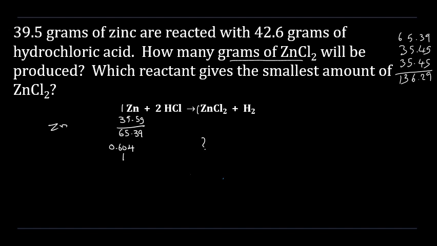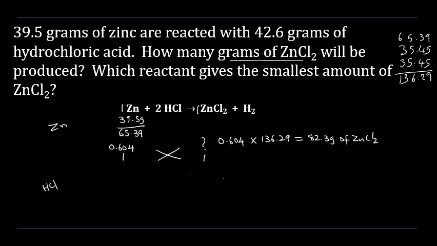Then cross multiply. I will get 0.604 moles of ZnCl2. Multiply with the molar mass to convert that into grams, and that equals 82.3 grams of ZnCl2.